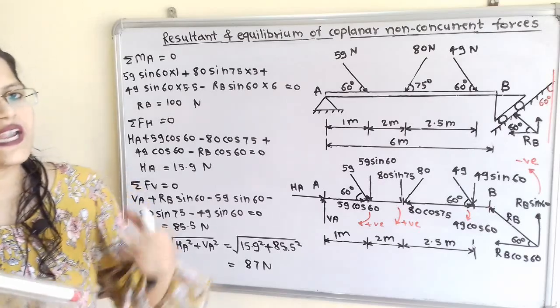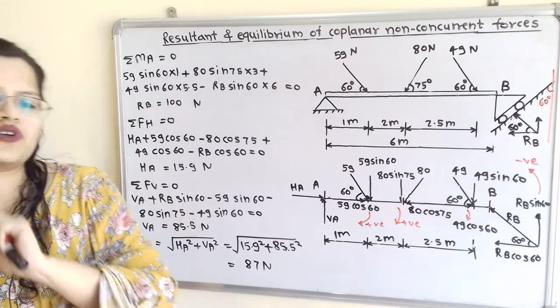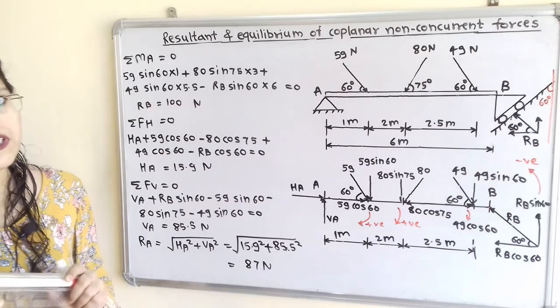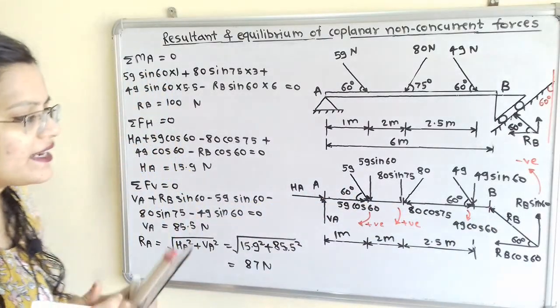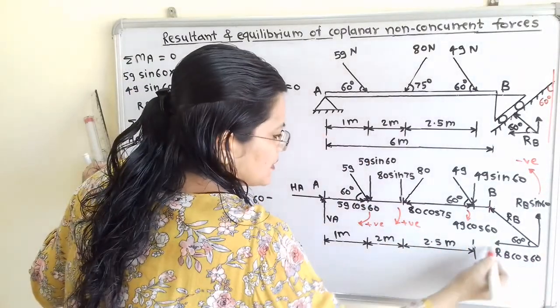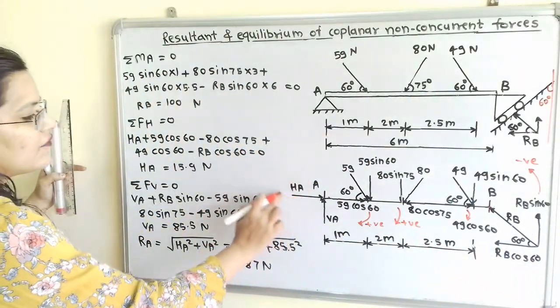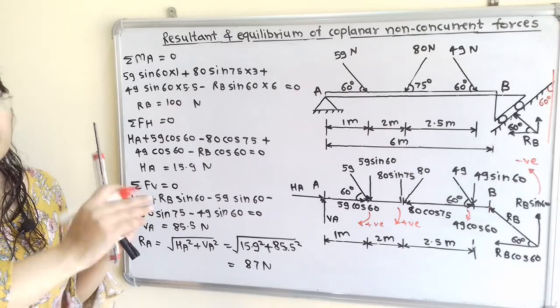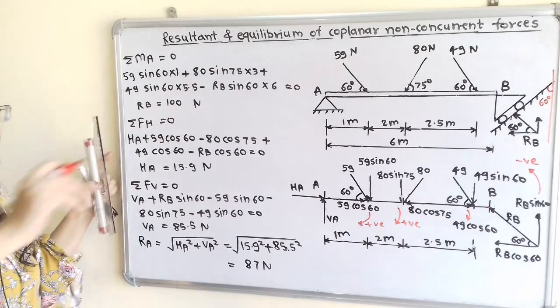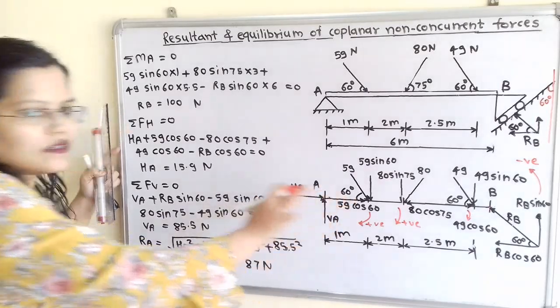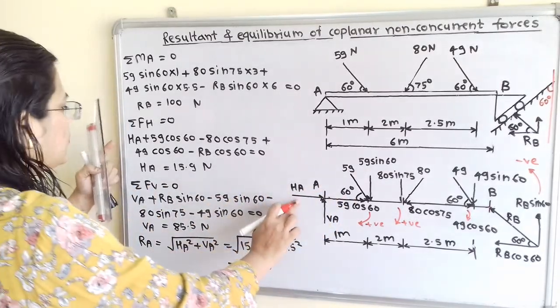Now we will move to the next. Summation of all horizontal forces is equal to 0. RB is known, so we can calculate RB cos 60, and the only unknown term is HA, so we can find the value of HA. HA is towards the right hand side, so take positive sign.